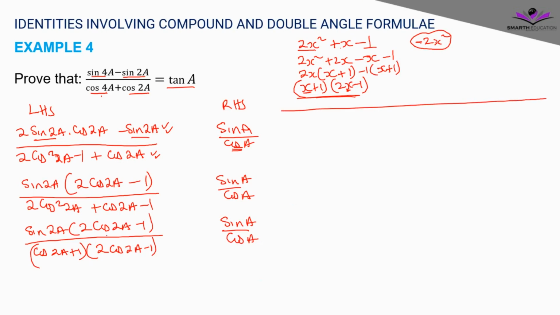And then now this bracket divided by this bracket will give us what? 1. So we remain with sine 2a over cos 2a plus 1. And then right hand side we have sine a over cos a. Right, what can we do with this?